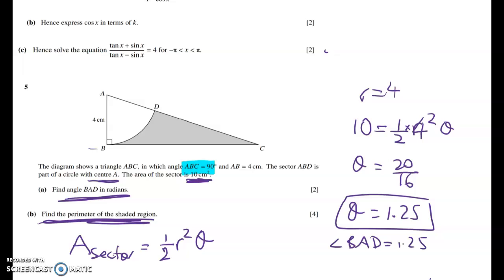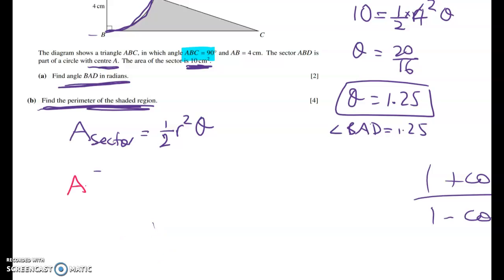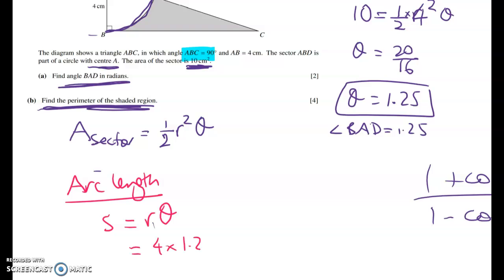Right, so the next thing we're going to do is we're going to find that arc length, and the formula for the arc length is r theta. So S is equal to r theta, which is equal to 4 times 1.25, which is 5 centimetres long.